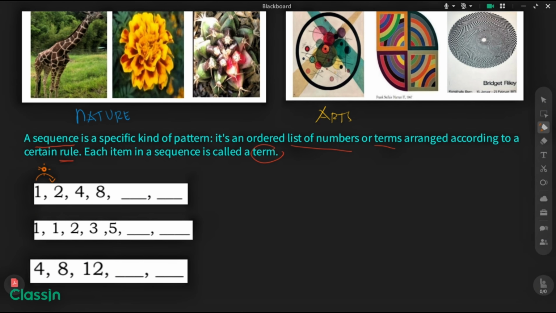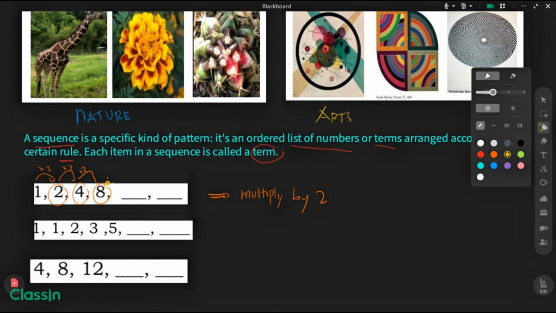Okay, let's try. 1 times 2 equals 2. 2 times 2 is equal to 4. 4 times 2 is equal to 8. So we can say that the pattern in this sequence is multiply by 2.